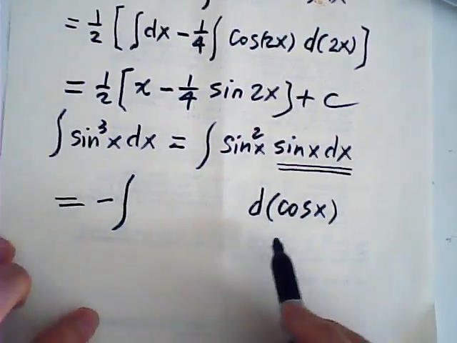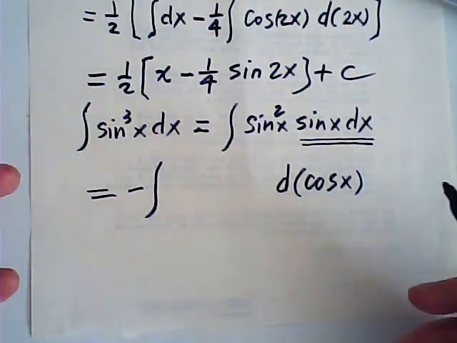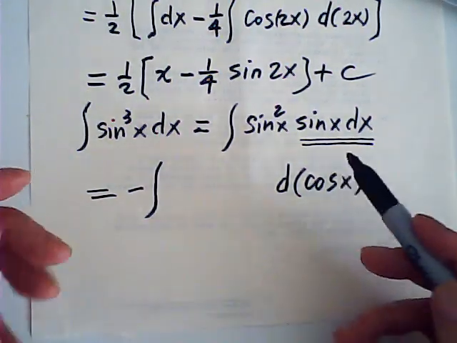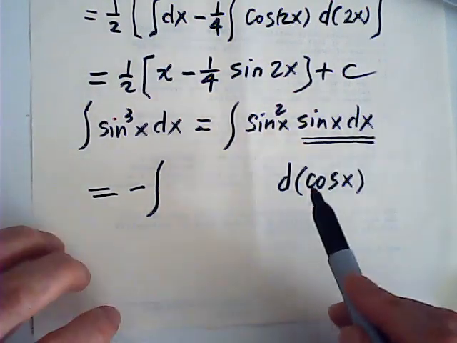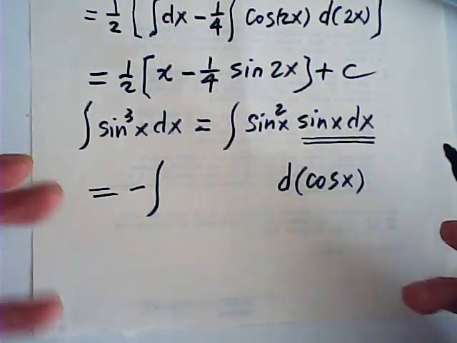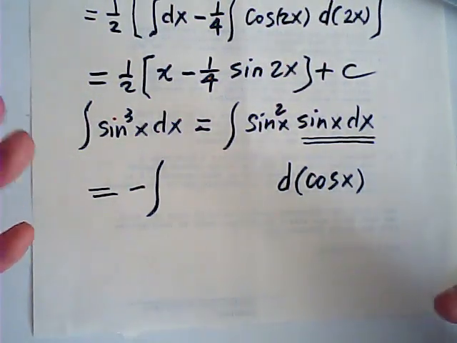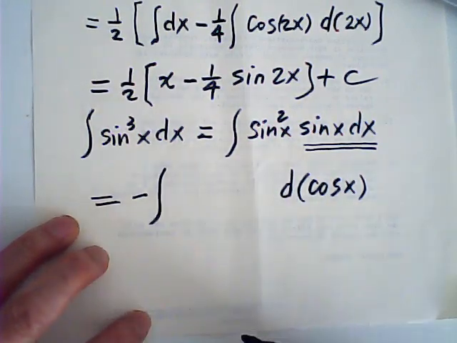That means I change the name of the game. I'm not integrating with respect to x. I'm integrating with respect to cosine. Cosine is my basic variable. So I have to change everything in terms of cosine.